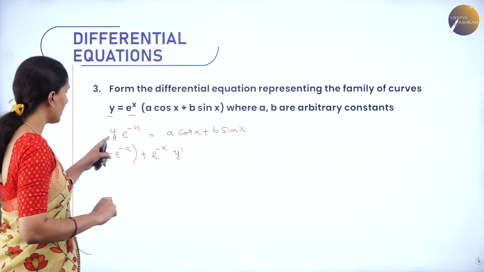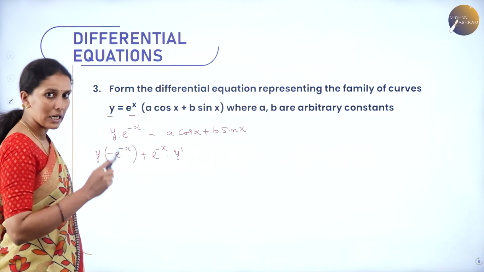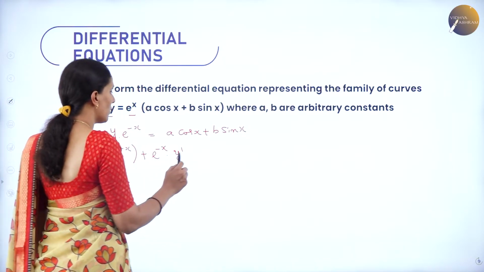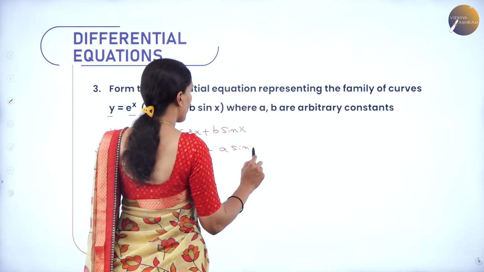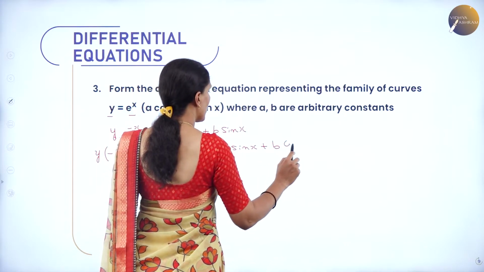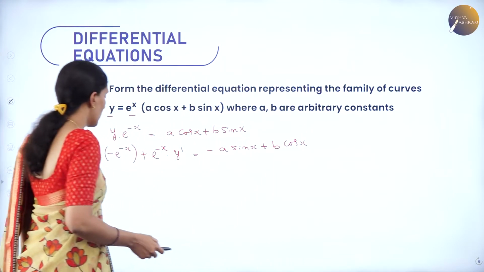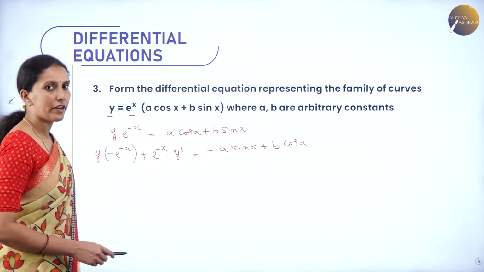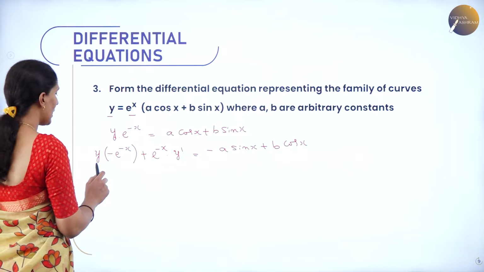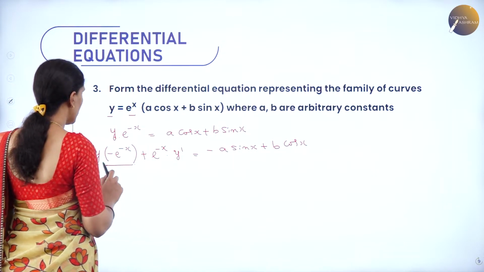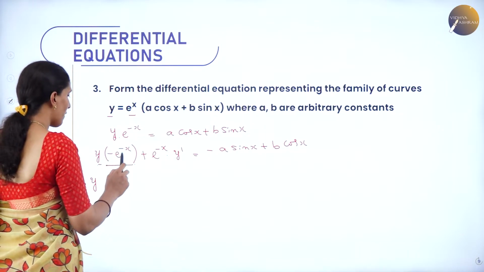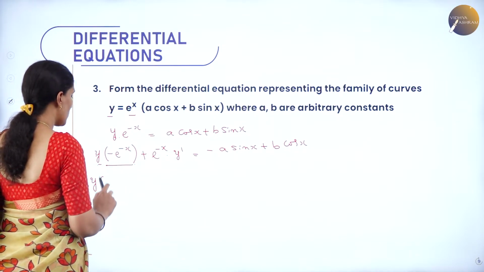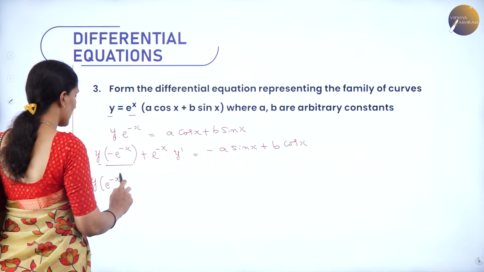Y dash represent dy by dx because derivative of y is dy by dx. Now here it becomes minus a sin x plus b cos x. So now next, let us differentiate it again. Then here again apply the product rule. So first function, already we have minus here. So derivative of the second is again minus into minus plus e power minus x.